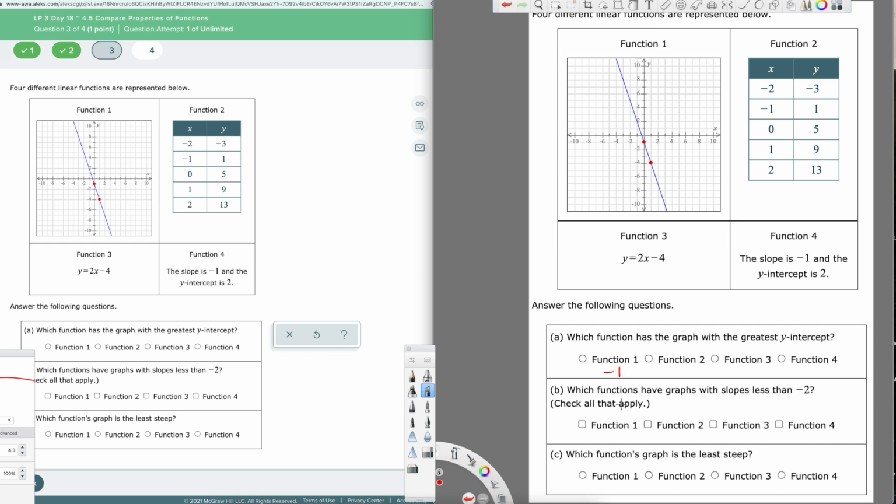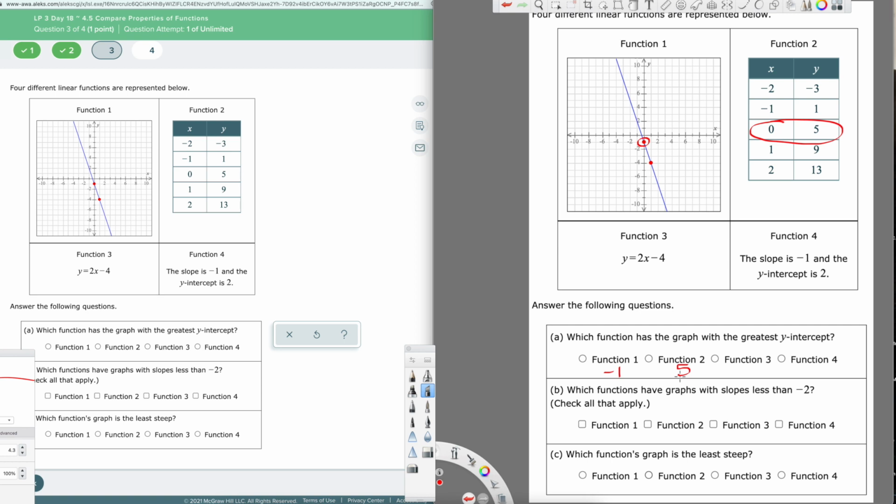For function 2, we're looking at a table. If we think about the y-axis, I'm not going right or left, I'm right on top of the line, which means that I want x to be 0. So there's my y-axis right there, and I'll keep that guy circled so that we can see this. So my y-intercept is 5 for function number 2.